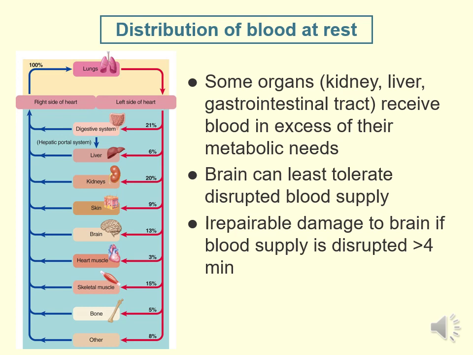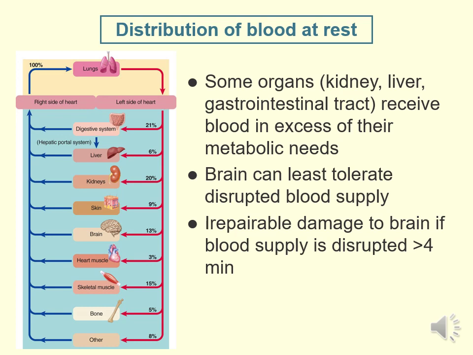Other organs can tolerate a reduction in their blood supply depending on their activities, things like the gastrointestinal tract. This is important because during exercise there can be a redistribution of the blood to the active muscles, away from the digestive tract, where you're not really required to digest your food.